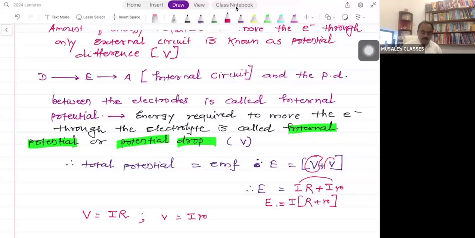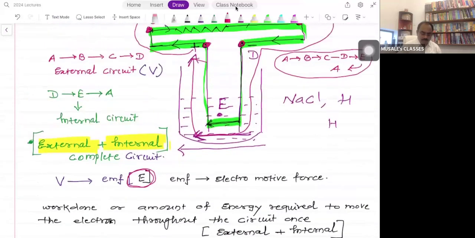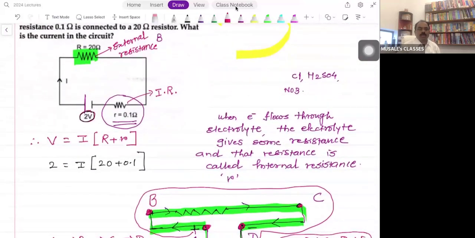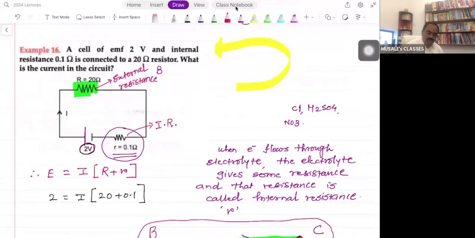Okay. Now I will come back to this question. So what is given? Internal resistance is given to you, 0.1. And now instead of V, I will write that as E. So a cell of EMF 2 volt and internal resistance 0.1 ohm is connected to a 20 ohm resistor.